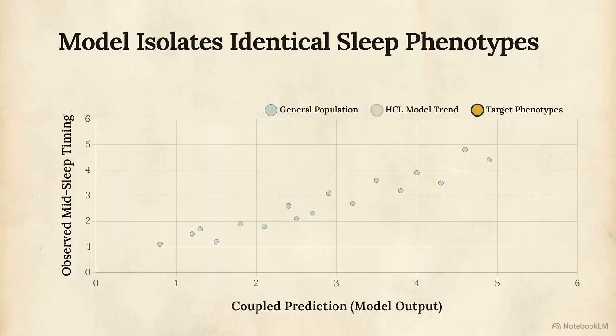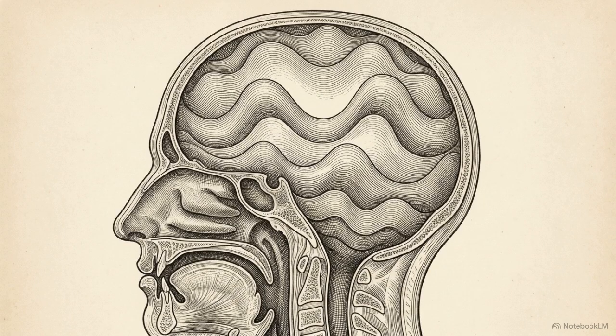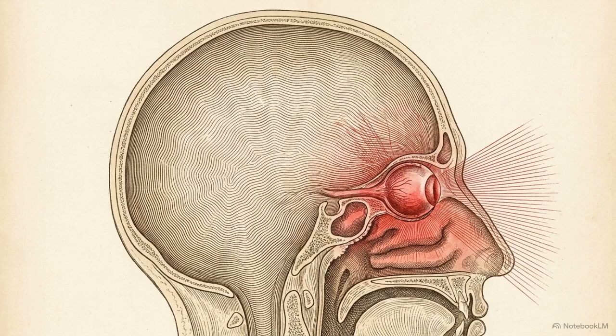Returning to this scatter plot, we can locate the two identical late sleepers from the beginning of the video. The model reveals their decoupled drivers. The first individual possesses a mathematically long intrinsic period. The second individual has a standard intrinsic period, but exhibits extreme sensitivity to evening light.